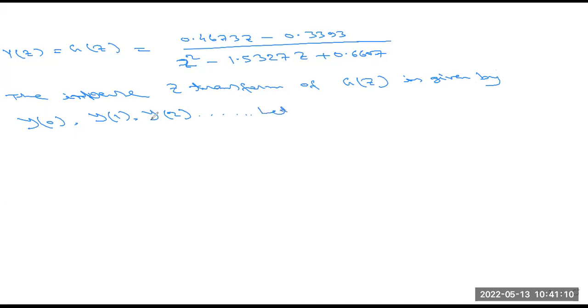So here 0, 1, 2 and so on are the changes over different sampling periods. So let us obtain y of k up to k equal to 40. So 40 is the highest power in that function also. So n is equal to 40.